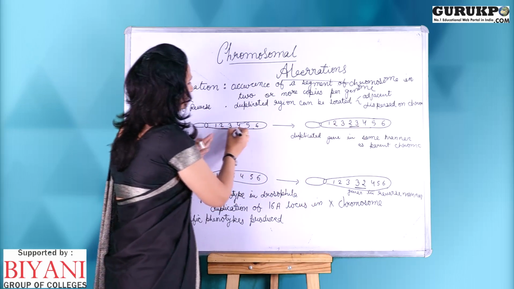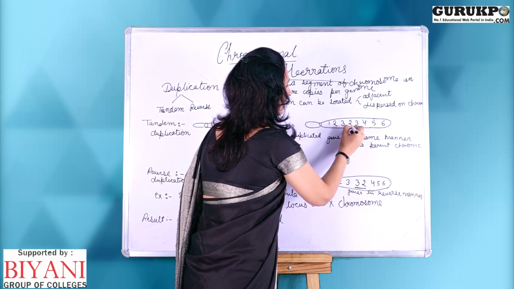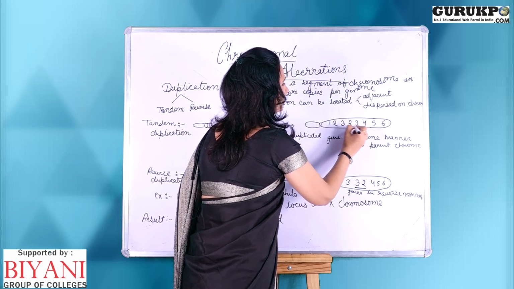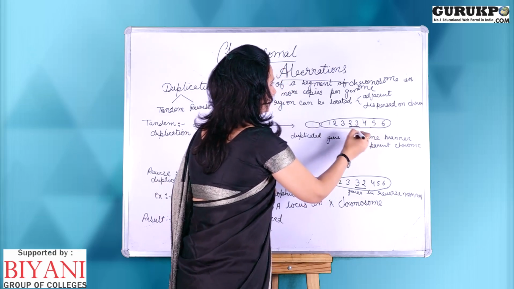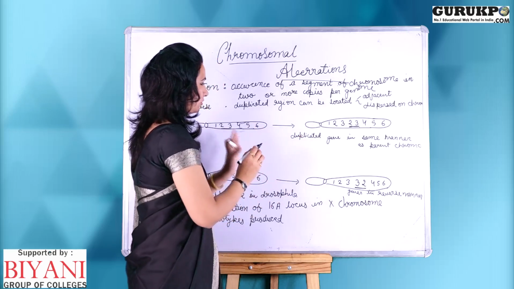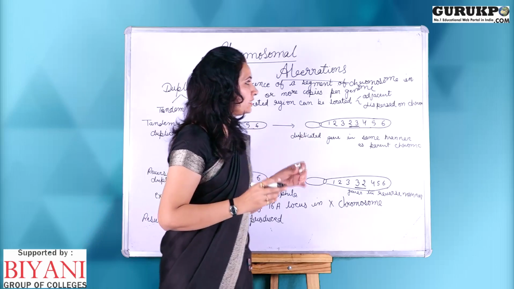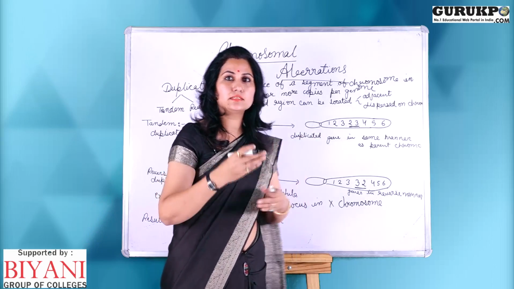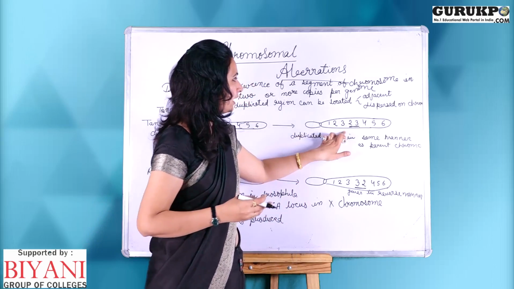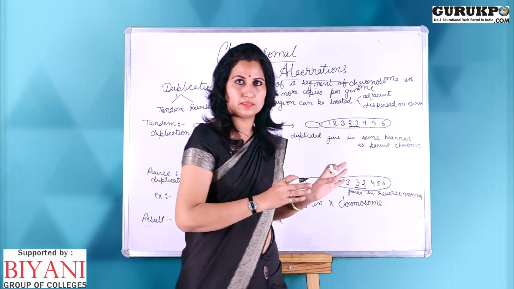Like here 1, 2, 3, 4, 5, after the duplication it is 1, 2, 3, 2, 3, 4, 5, and the duplicated genes 2 and 3 are in the same manner as in the parent chromosome. Here this duplicated region may be located adjacent to the portion, or it may disperse in the same chromosome in which it has occurred.